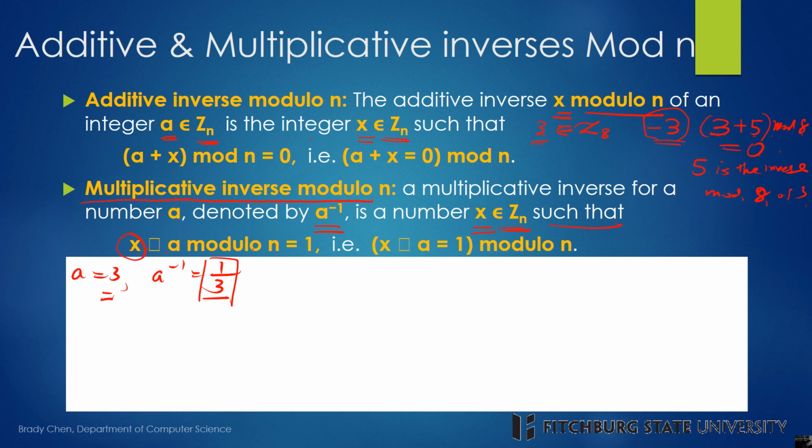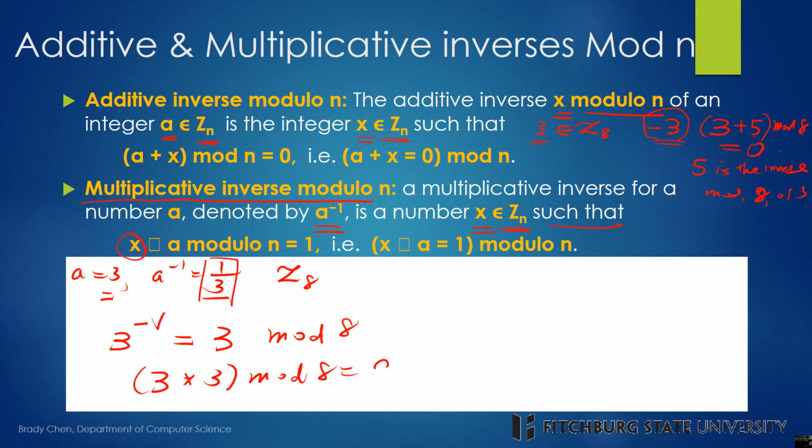Got this? So if we talk about Z8, what is the inverse of 3 modulo 8? It is 3 modulo 8. Why? Because 3 times 3 is 9, and 9 mod 8 is 1.